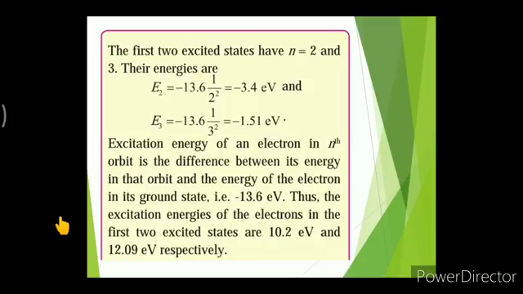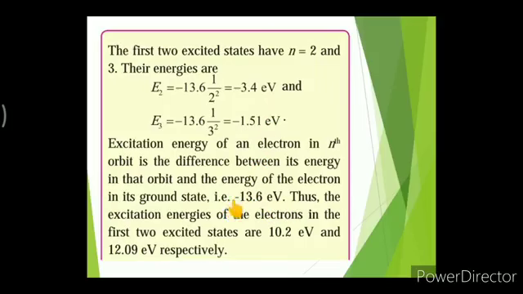For the first excited state, n is equal to 2. So for this the value of energy we are having is minus 3.4 electron volt, and here we have to take the difference with the ground state, that is minus 13.6 electron volt.